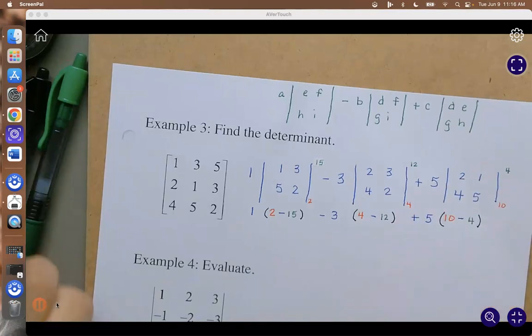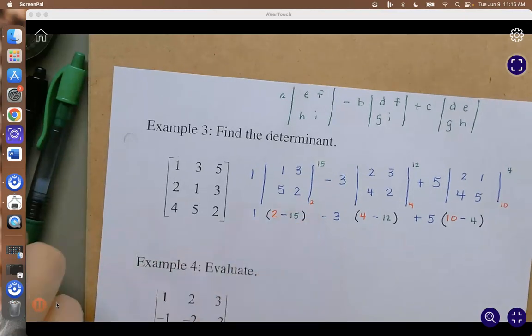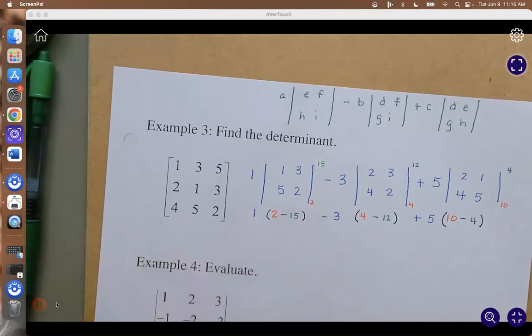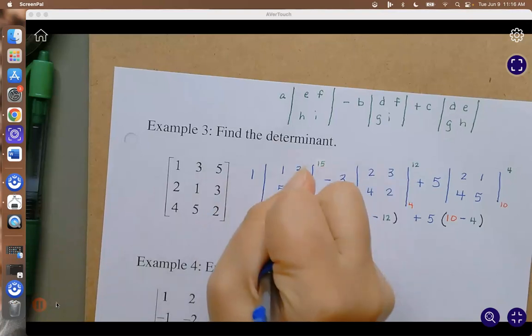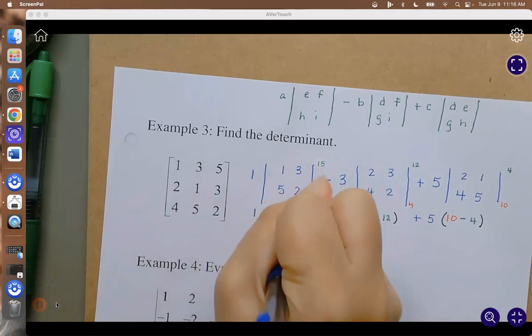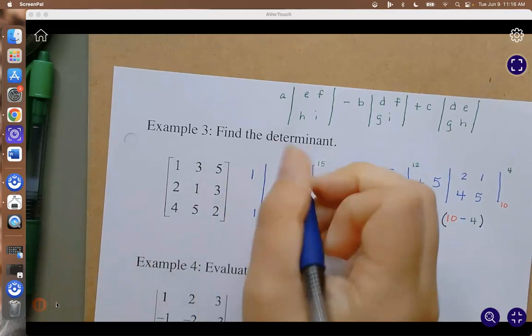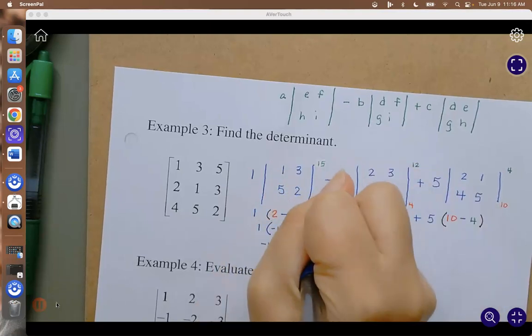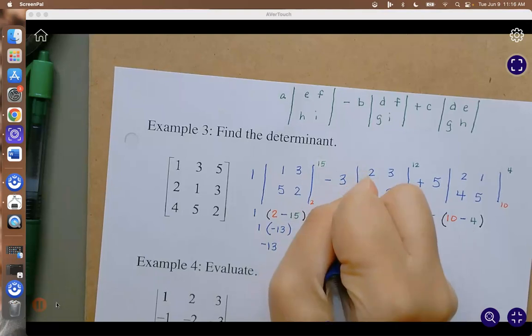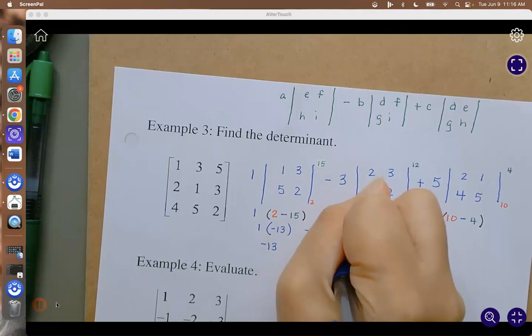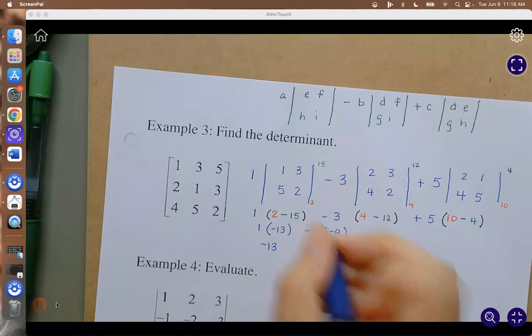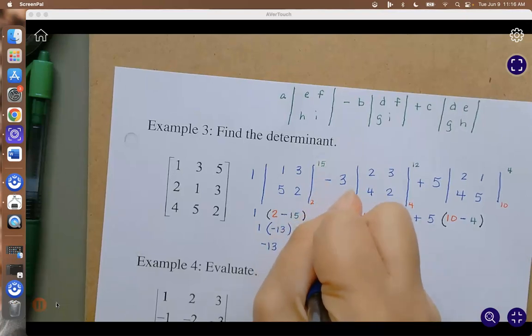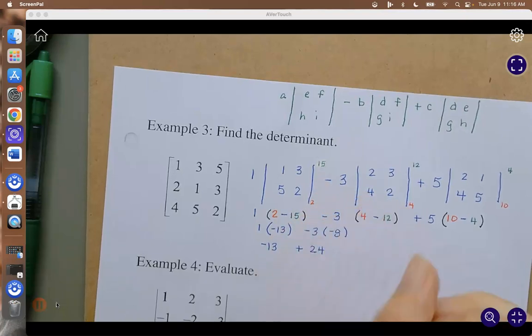Okay, so 2 minus 15 is going to be -13. -13 times 1 is -13. 4 minus 12 is -8. -3 and -8 is a +24.